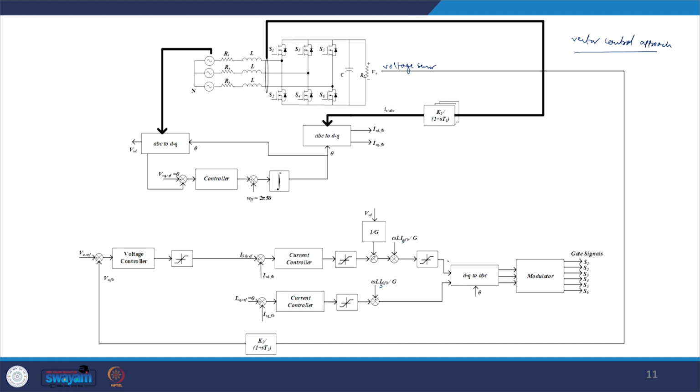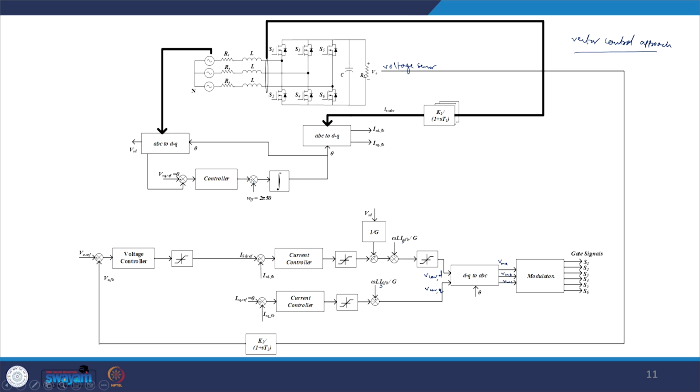And then after this we will get our V converter D and V converter Q, and we send them from DQ to ABC to get our 3 modulating waves, VMA, VMB and VMC.